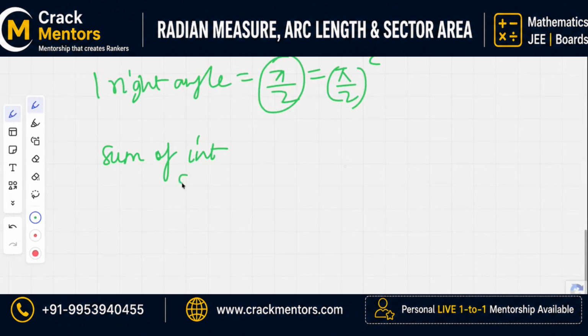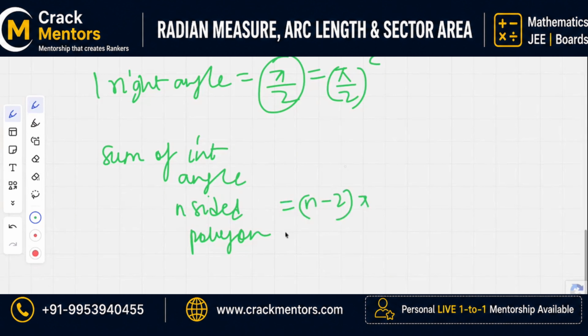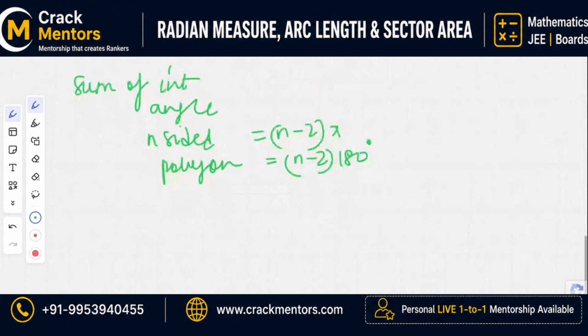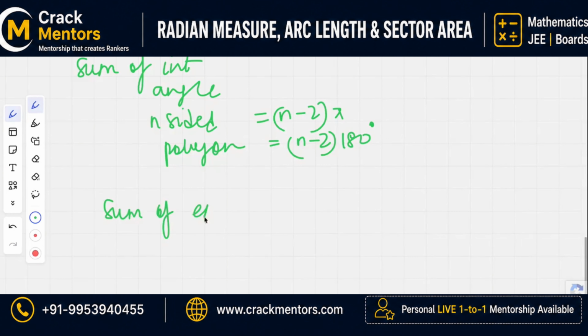Sum of interior angle of an n-sided polygon, it is n minus 2 pi. So that means n minus 2 into 180 degree. And sum of exterior angles would be 2 pi.